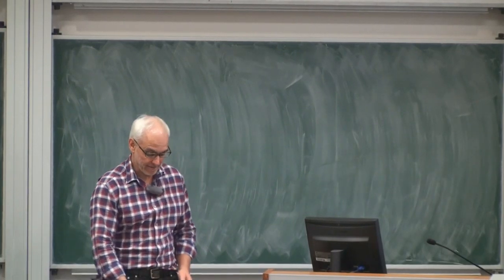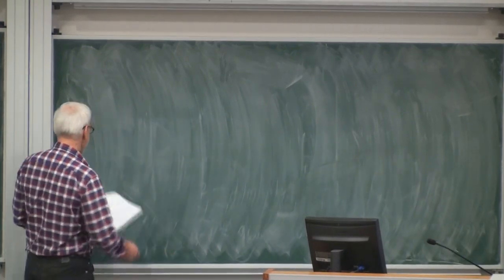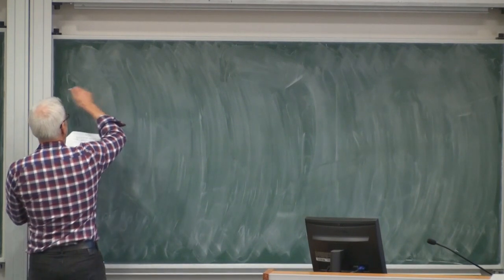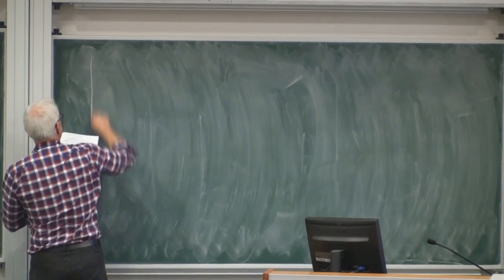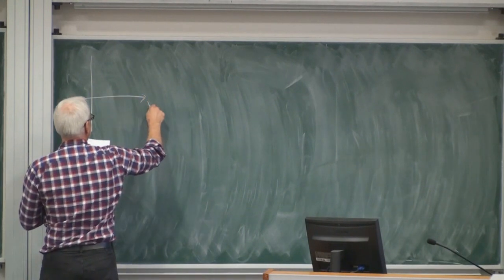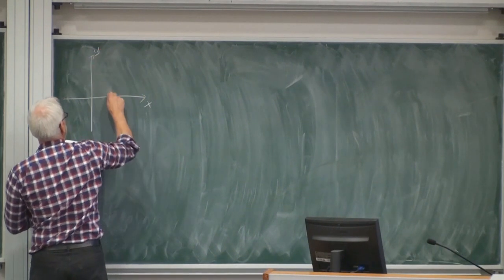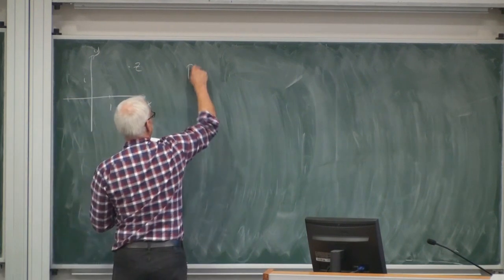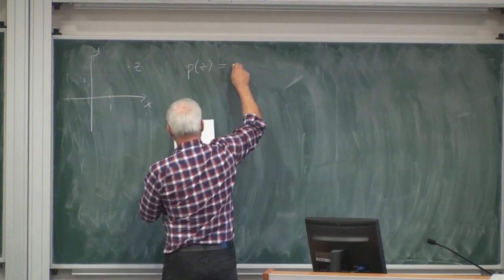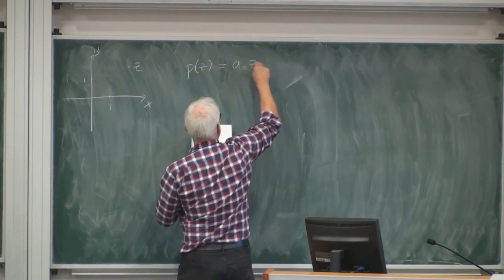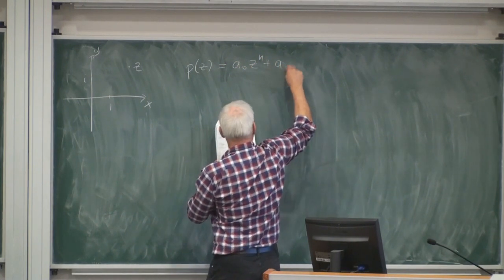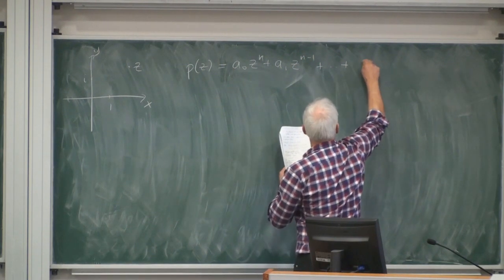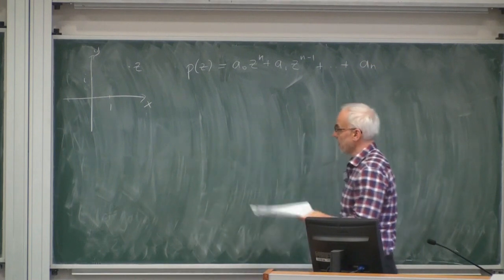All right, so let's have a look at D'Alembert's proof now, of this lemma that we've just stated. So we're working in the complex plane, and we have some complex number Z, and we have some polynomial P, and let's write that out as A0 Z to the n plus A1 Z to the n minus 1 all the way down to constant term A sub n.